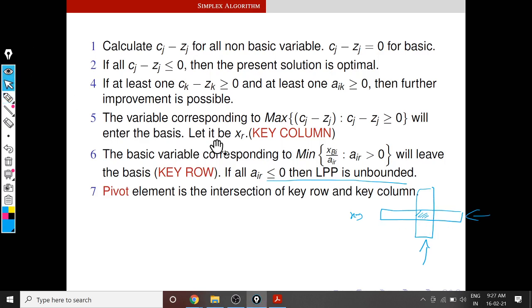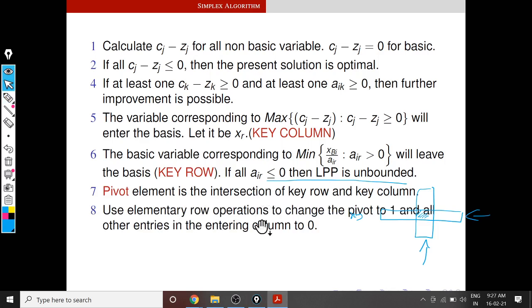Next, use elementary row operations to change the pivot to 1 and all other entries in the entering column to 0.